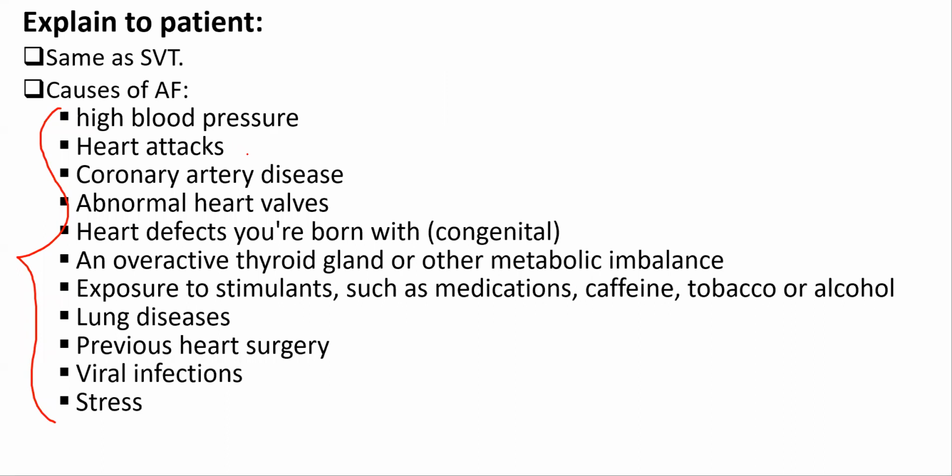Apart from that, sometimes it can be related to heart attack, coronary artery disease, which is basically when the blood pipe that supplies your heart gets blocked, causing heart attack symptoms, abnormal heart valves, heart defects that you are born with, an overactive thyroid gland, exposure to stimulants such as medication, coffee, tobacco, alcohol, sometimes even lung conditions, previous heart surgery, viral infection or stress can even cause atrial fibrillation.